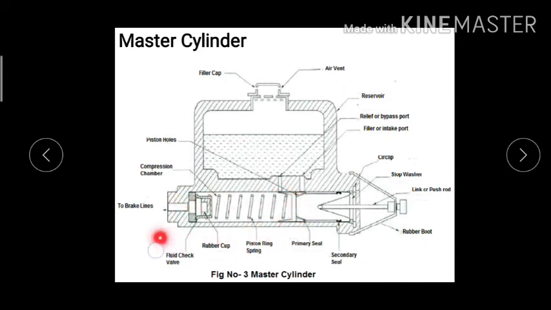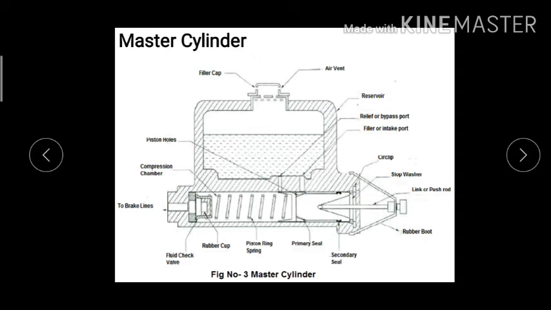To remove this excess amount of oil, we use a bypass port, which will take the remaining oil back into the reservoir, where atmospheric pressure is maintained. Here, the intake port releases the oil only when the vacuum is created in the reservoir.